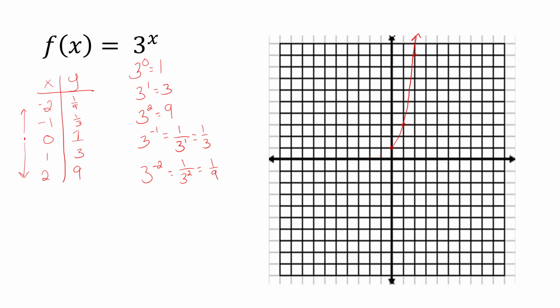Now, if I continue to plug in negative values, say -3, 3 to the negative third power is equal to 1 over 3 cubed, which is equal to 1 over 27. Notice I'm getting smaller, and I would continue to get smaller, but at no point would I end up with a number less than 0, because every negative power that I plug in is going to end up with a 1 in the numerator divided by an ever-increasing value.